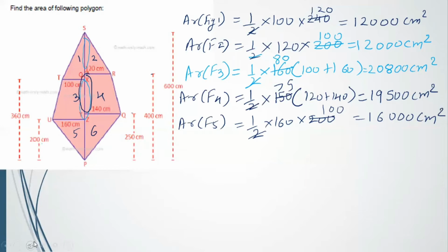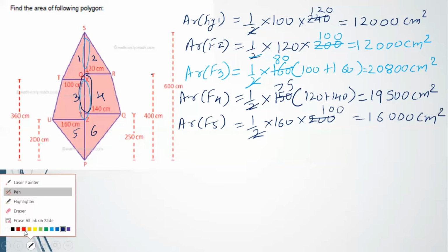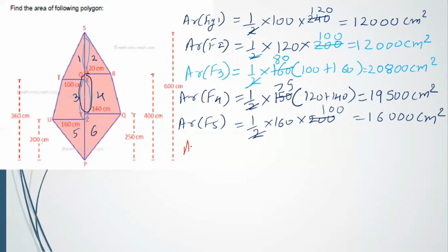Now let us find the area of the last figure which is being left over here. So we find the area of figure 6, which is again a triangle. So finding the area of figure 6, it is again half base into height. So my base is 140 here and my height is this part, right? To find this part, look at this, go parallel, it is 250. So 250 is the height given over here.